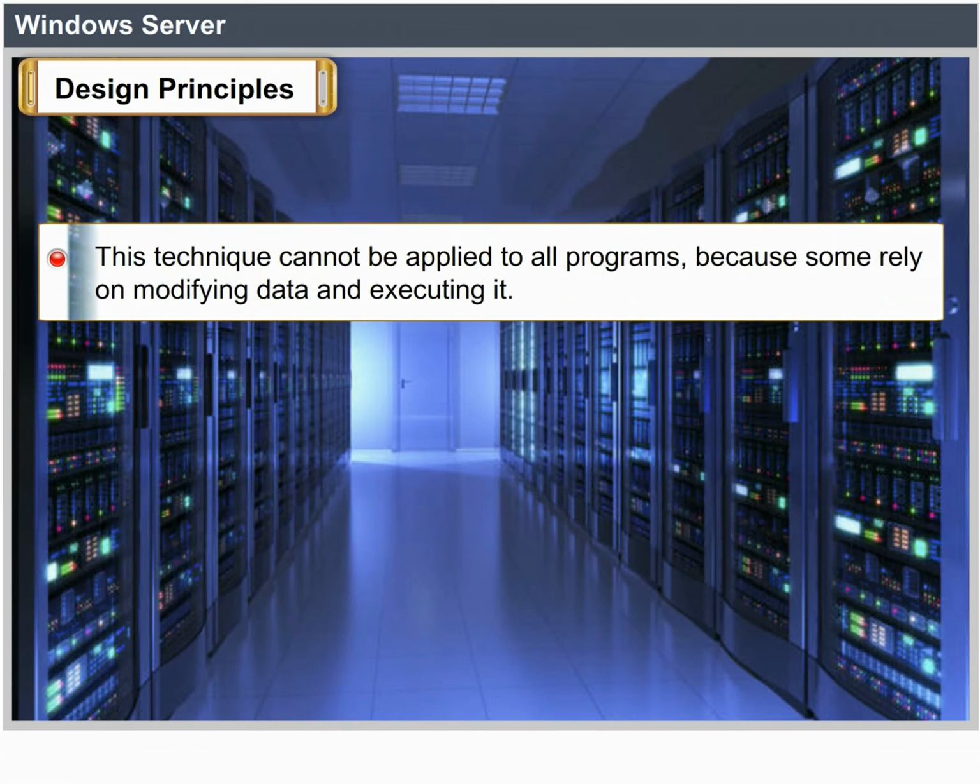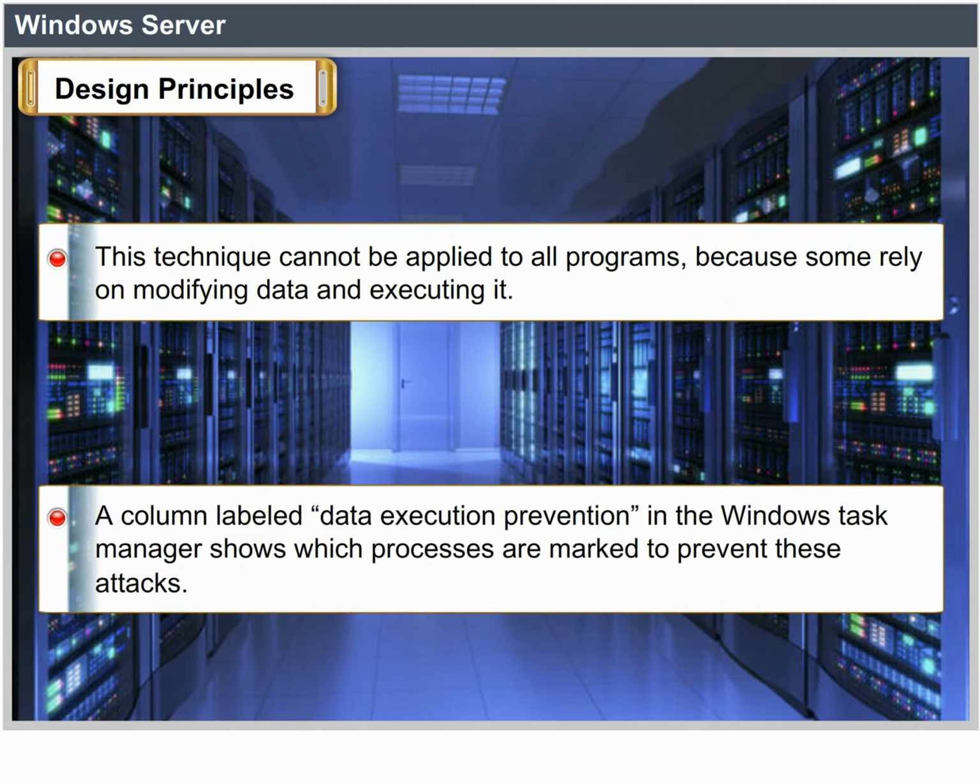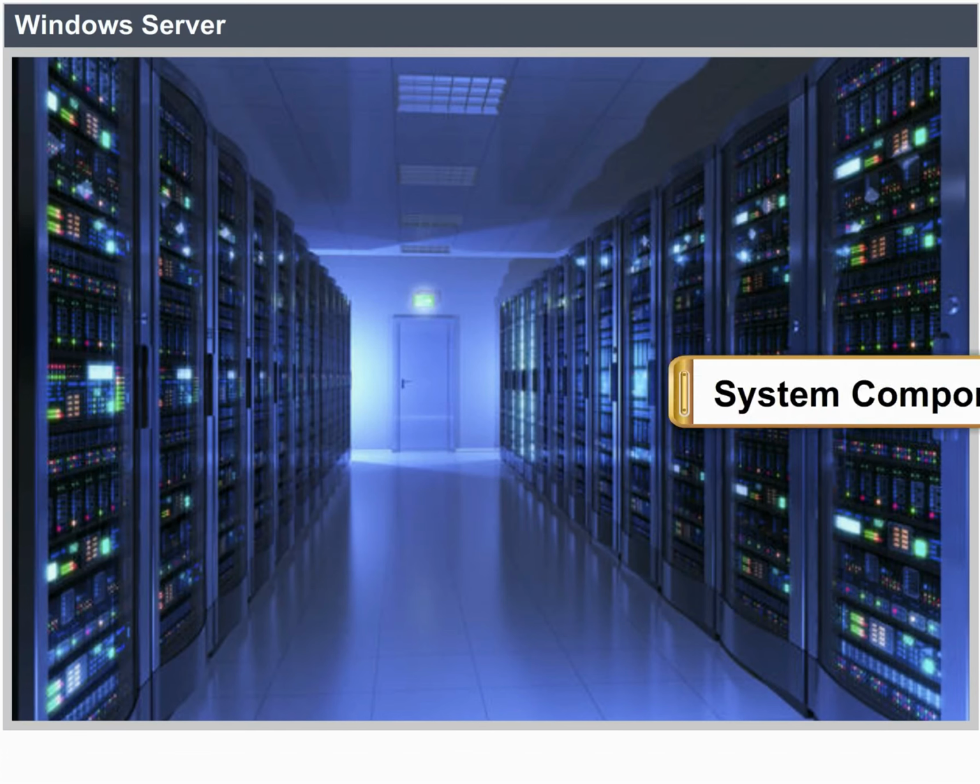This technique cannot be applied to all programs because some rely on modifying data and executing it. A column labeled Data Execution Prevention in the Windows Task Manager shows which processes are marked to prevent these attacks.